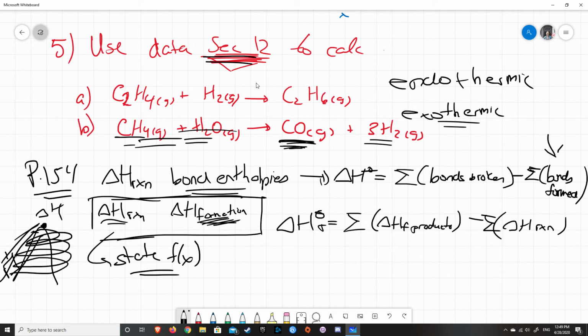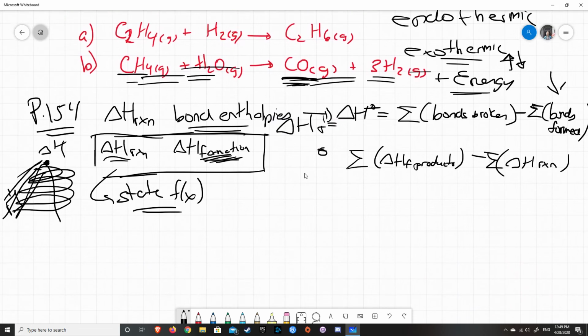It takes less energy to form your products, so that means this must also release energy, because you can't have energy gained or lost without some sort of loss or gain of energy.